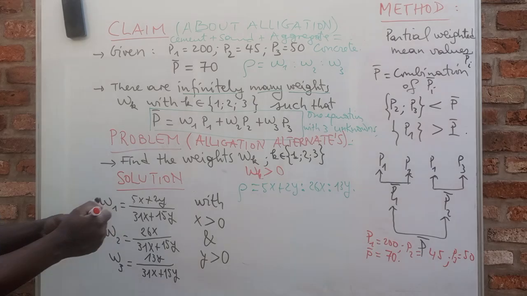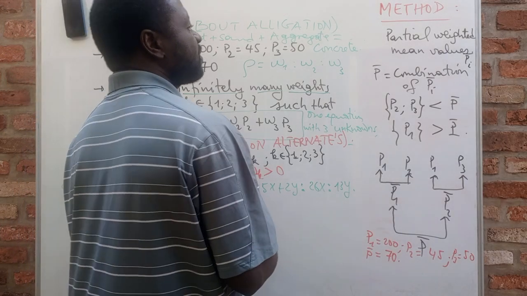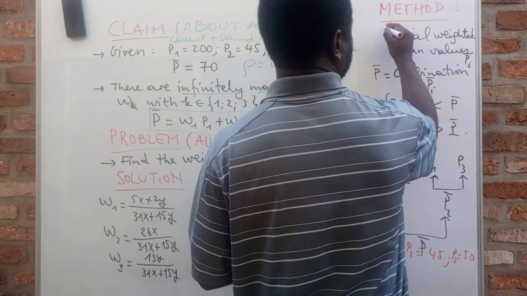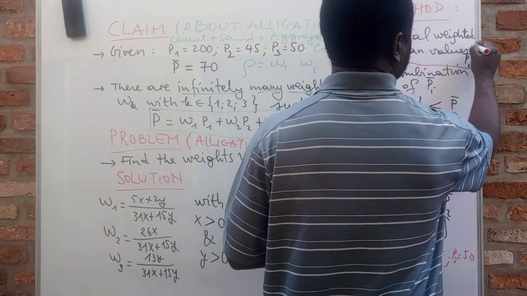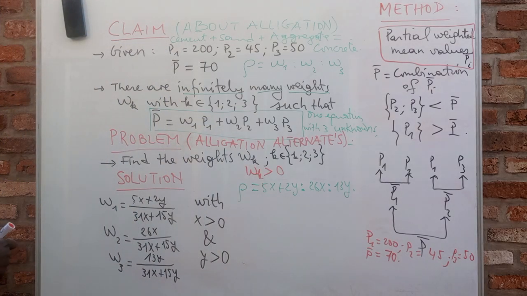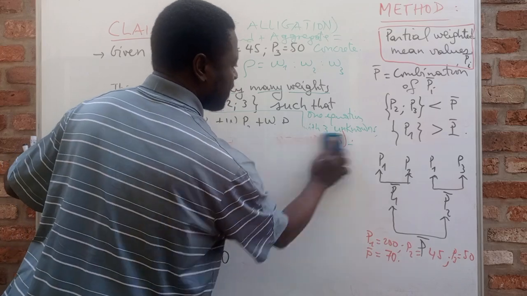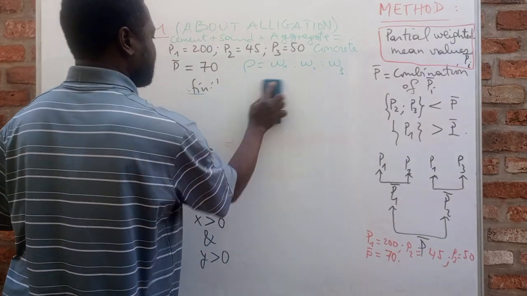Okay, let us skip this one and look for the method. We call it the partial weighted mean values method. Let us describe it in order to get such a solution. How can we get it?